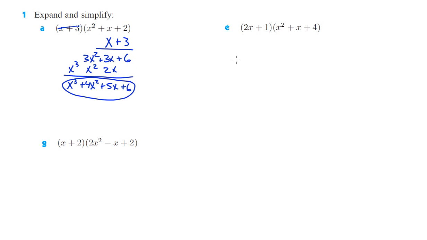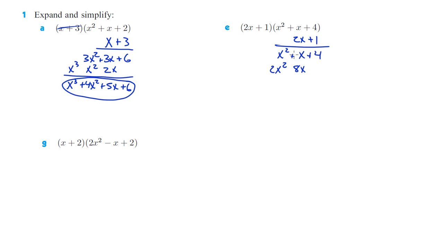All right. This one here, 2x plus 1. 1 times 4 is 4. 1 times x is x. 1 times x squared is x squared. 2x times 4 is 8x. I'm going to put that in underneath the x's here. 2x times x is 2x squared, so I'll put that under the other x squared.